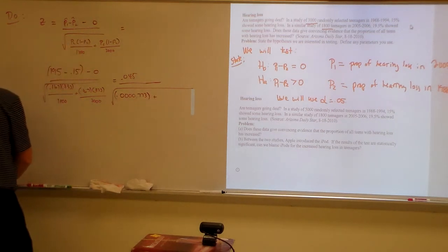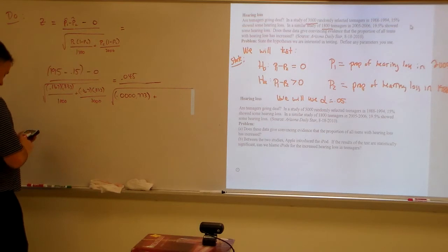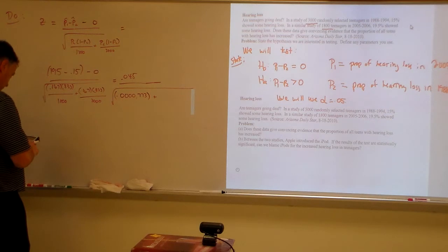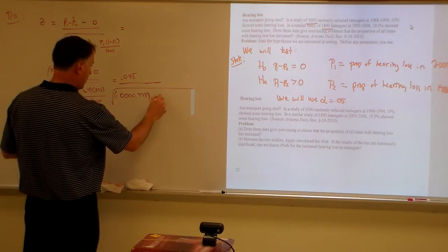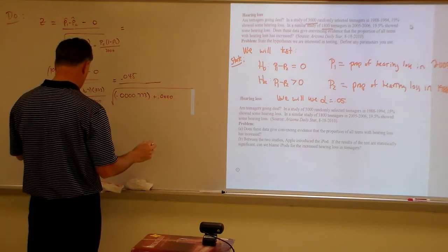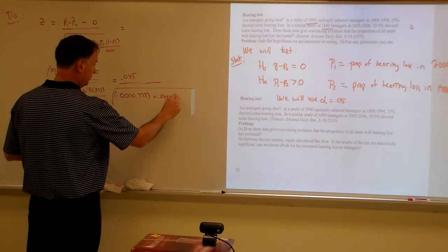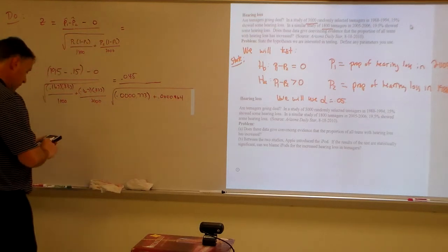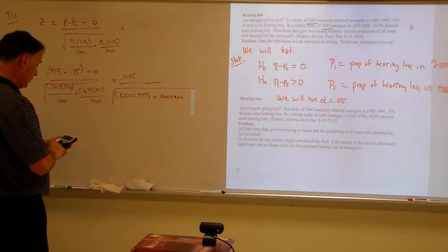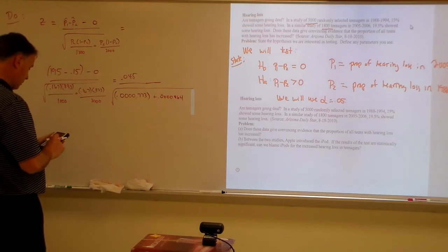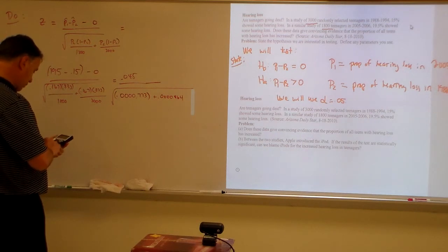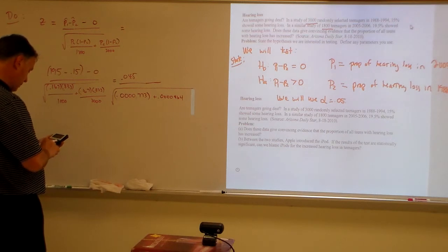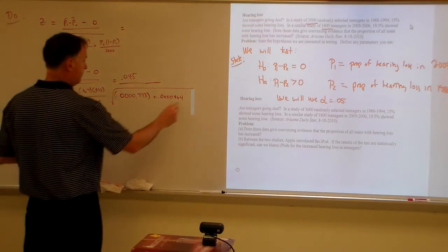Plus, let's do the other one. 0.167 times 0.833 divided by 3,000, that's going to be even smaller. 0.1234464. Plus 0.1234773, square root of that mess gives me 0.011.